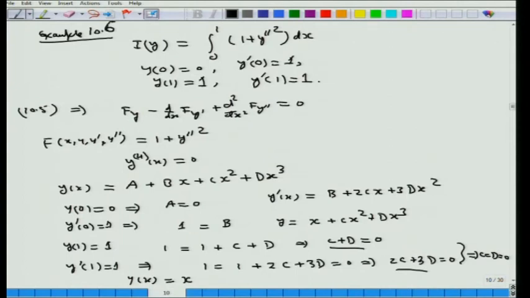So, we get y equal to x as the extremum, a straight line. In this case, as expected, whenever this function involves only highest order derivatives, we expect that the solution will be a straight line.